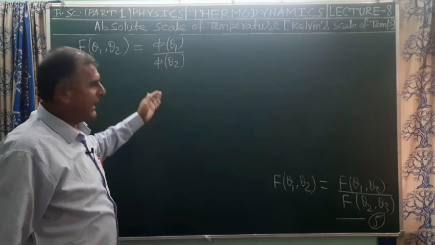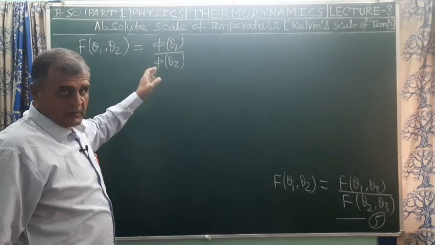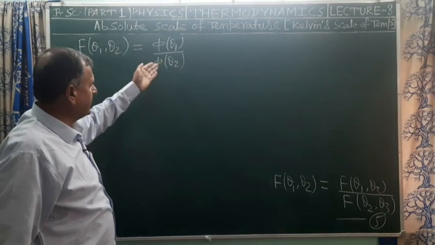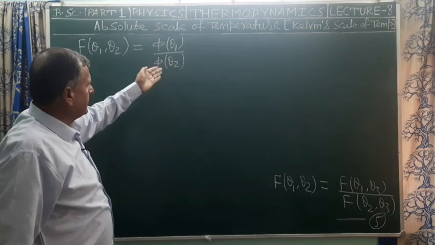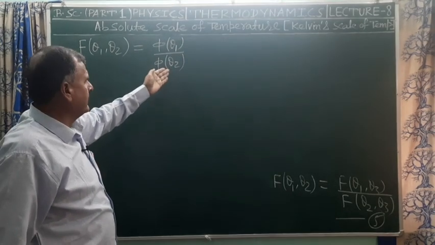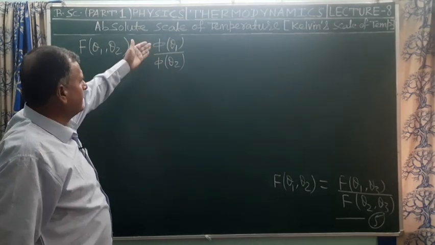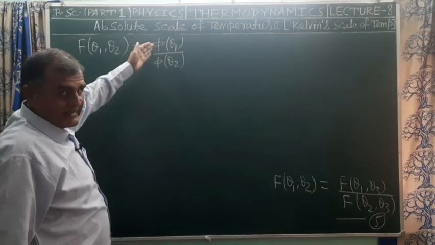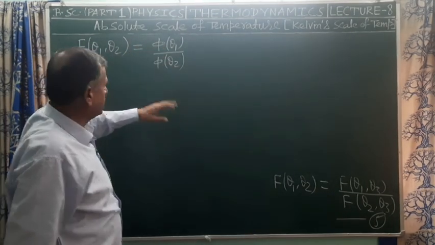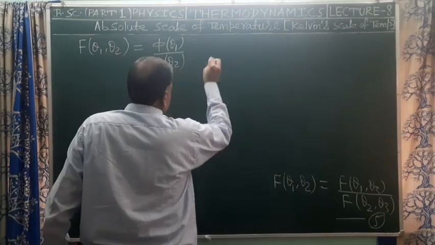In the RHS it is the function of only theta 2, while in the numerator phi is the function of temperature theta 1. So let it be equation number 6.